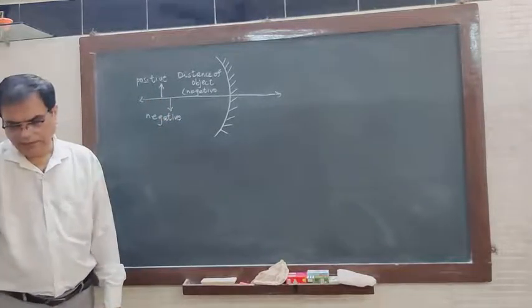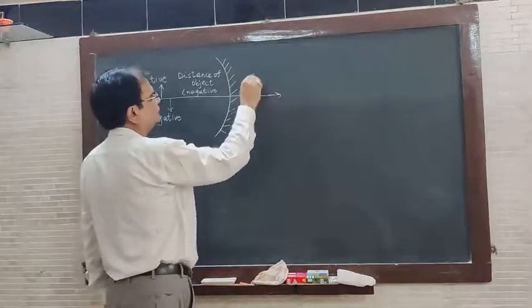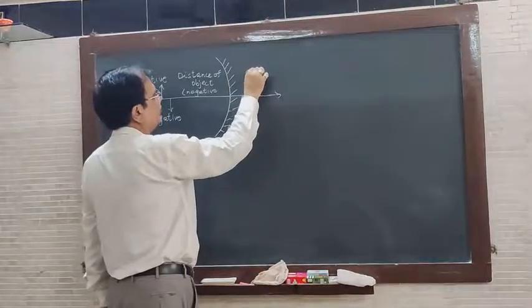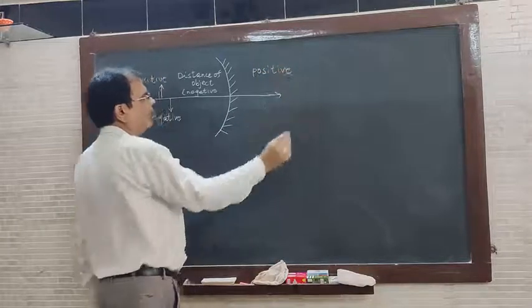Then if I get the image on the right hand side over here, the distance will be positive.